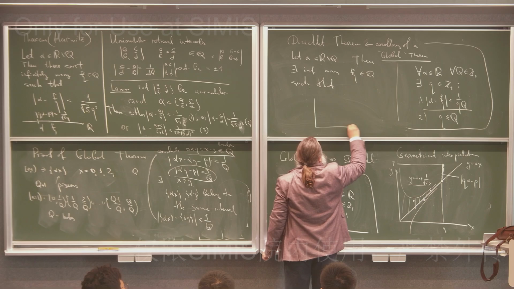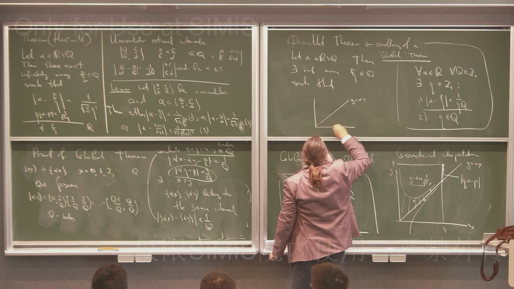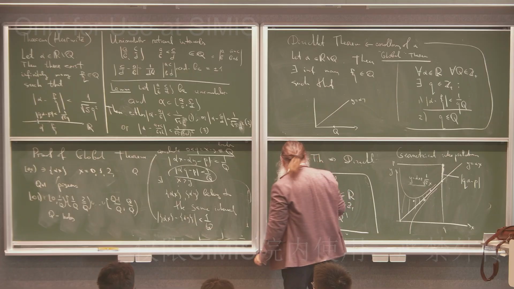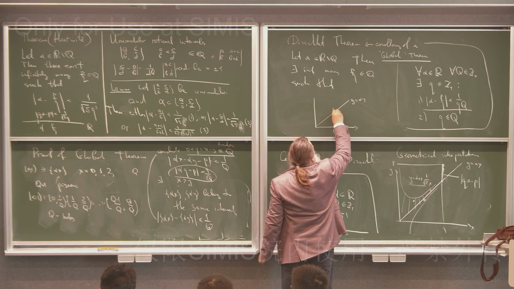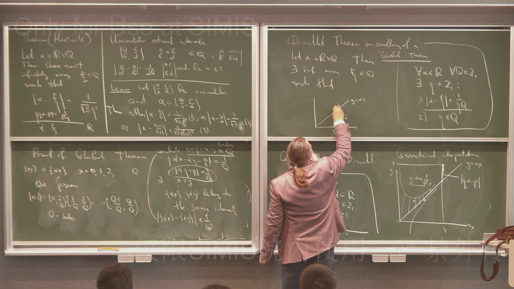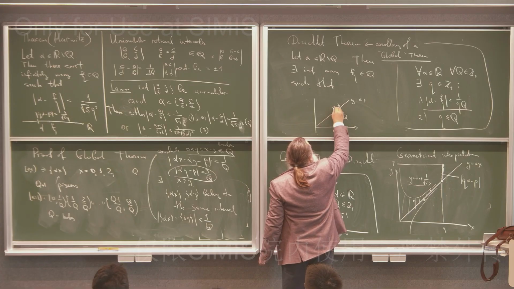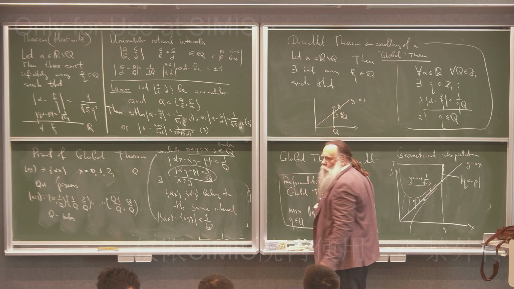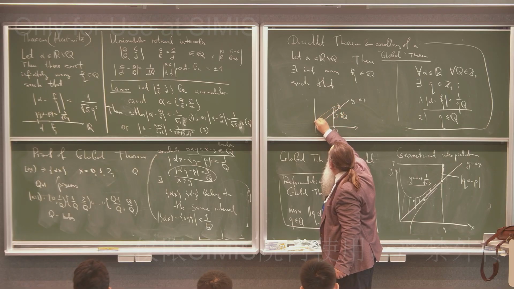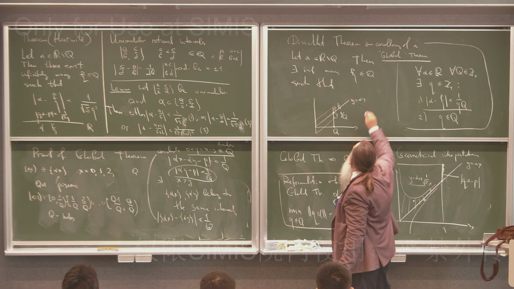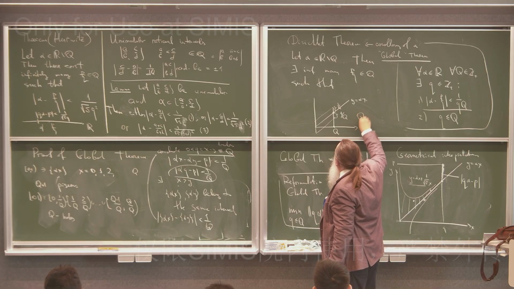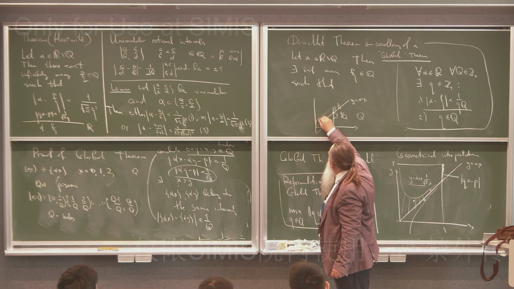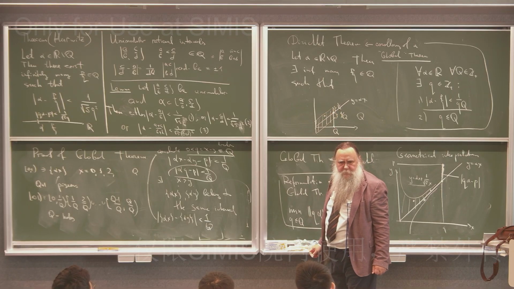If we consider the line y equal alpha x, and we consider arbitrary Q, and this vertical line, and here 1 over Q, and we consider a parallelogram whose side has length 2 over Q, and another side parallel to y equal alpha x, then the global theorem says that for any Q, this parallelogram contains an integer point.